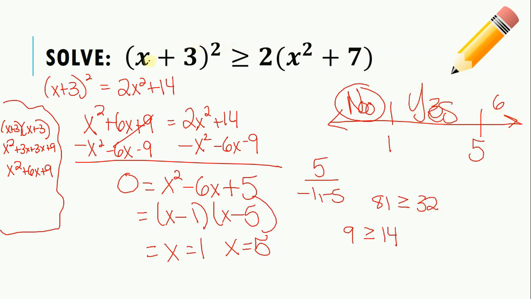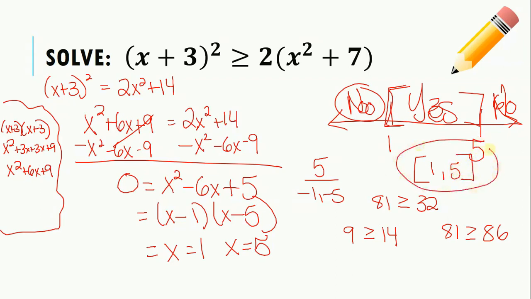Let's try 6. 6 plus 3, 9, 81. 36 plus 7 times 2 be 86. And 81 is not greater than 86. That would be a no. Brackets on the 1 and the 5, right? So my answer is bracket 1, 5, bracket.